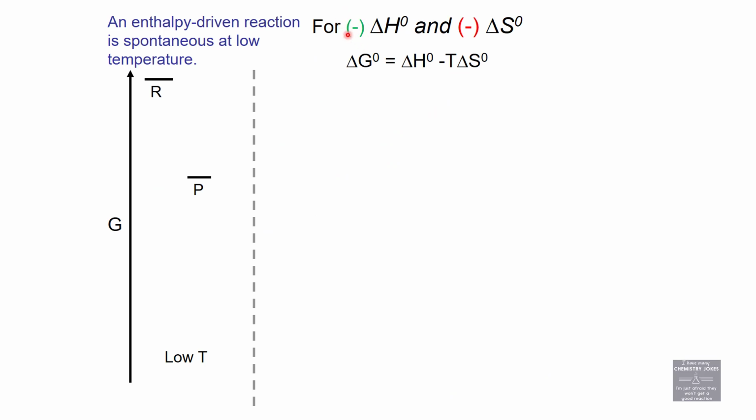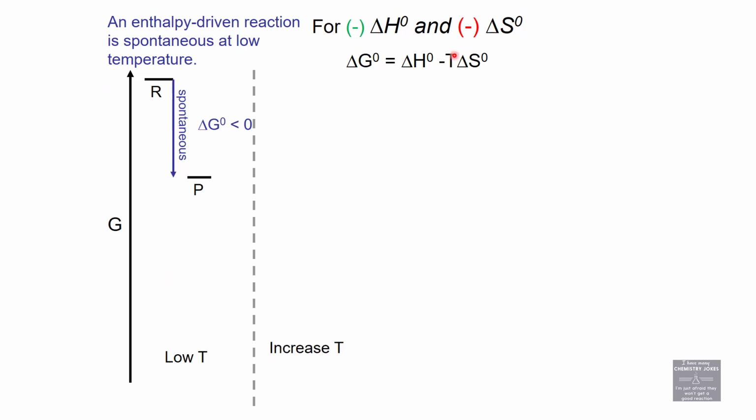Enthalpy-driven, that's the delta H is negative, delta S is negative. It's when this term is dominant that this delta G is negative. An enthalpy-driven reaction is spontaneous at low temperatures. So at low temperature, reactants are higher than products. It is spontaneous in the forward direction at low temperature.